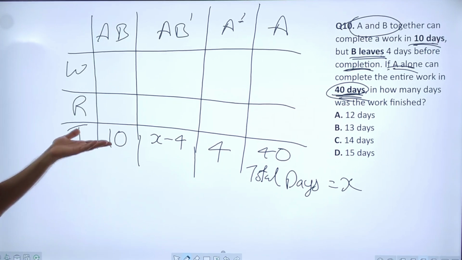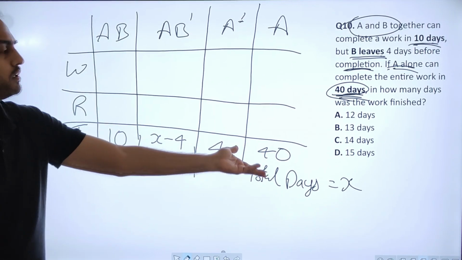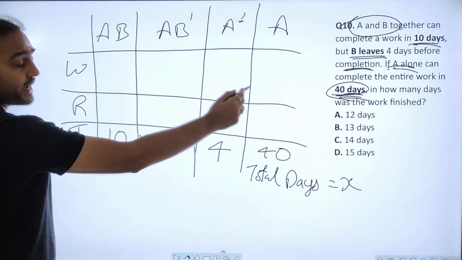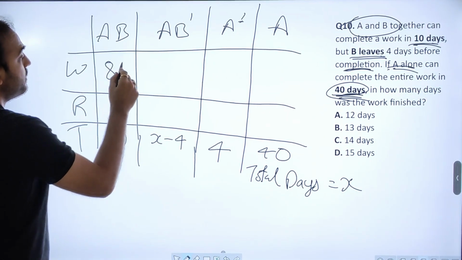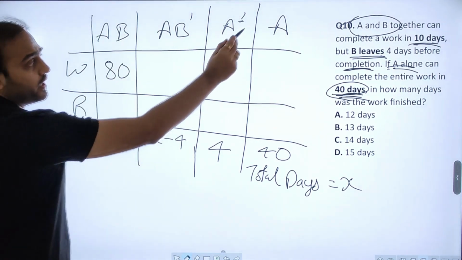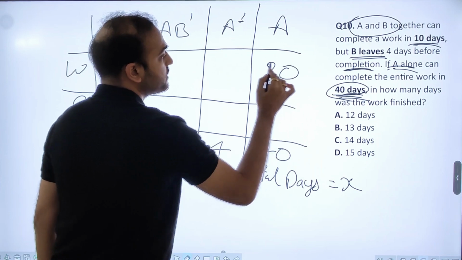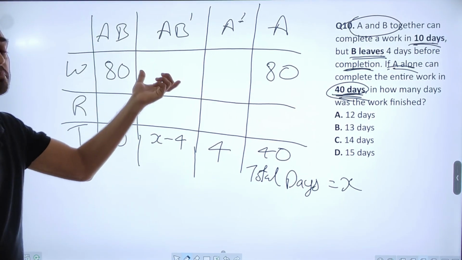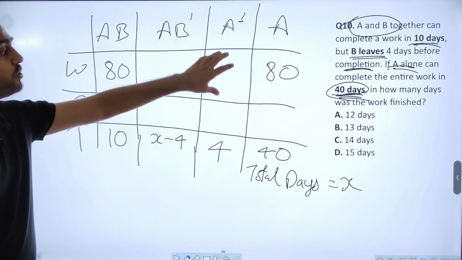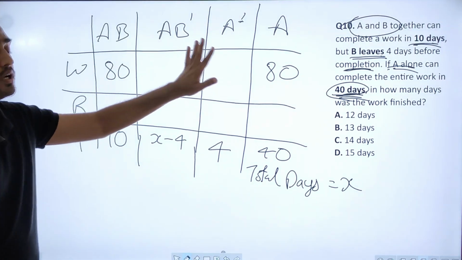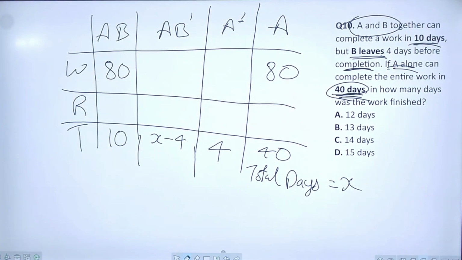Next step, assume work from 10, 4, 40. Let's take the work as 80. Now be careful, don't write 80 everywhere. A and B doing the whole work, that is why 80. A alone doing the whole work, that is why 80. A and B doing some portion of the work, and A alone doing the remaining portion, so I can't write 80 here.